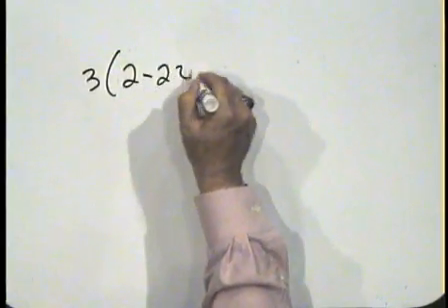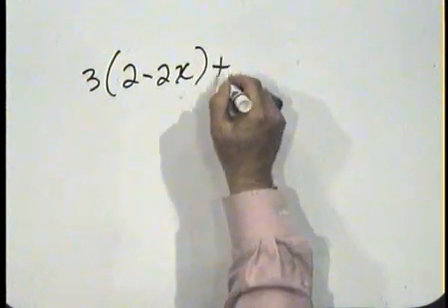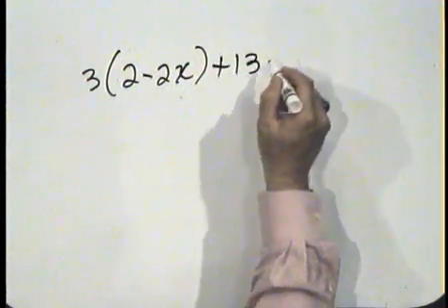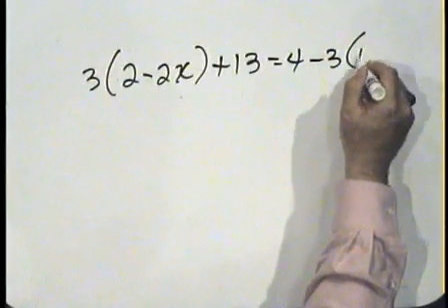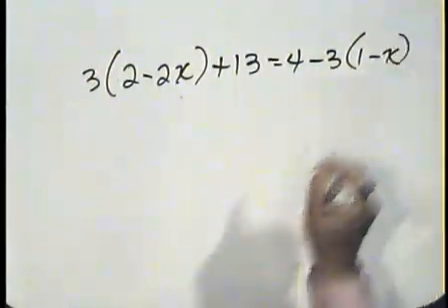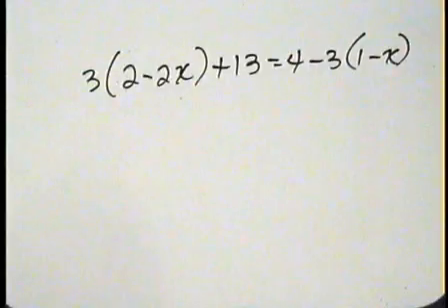In this equation, 3 parentheses 2 minus 2x plus 13 equals 4 minus 3 times 1 minus x. Okay? Make sure I've copied it correctly. 3 times 2 minus 2x plus 13 equals 4 minus 3 times 1 minus x.